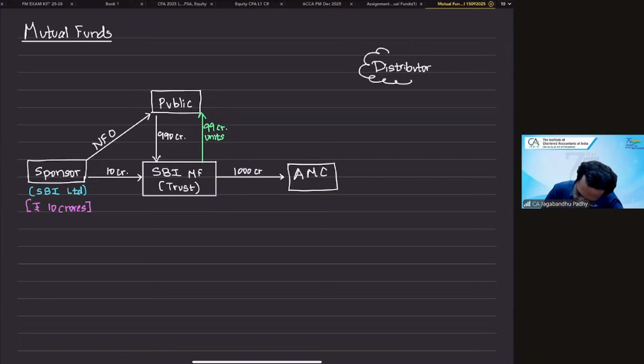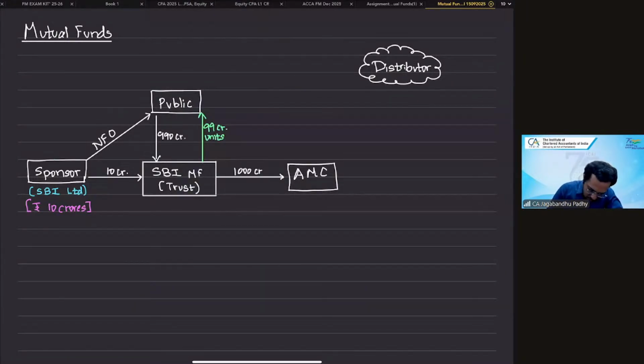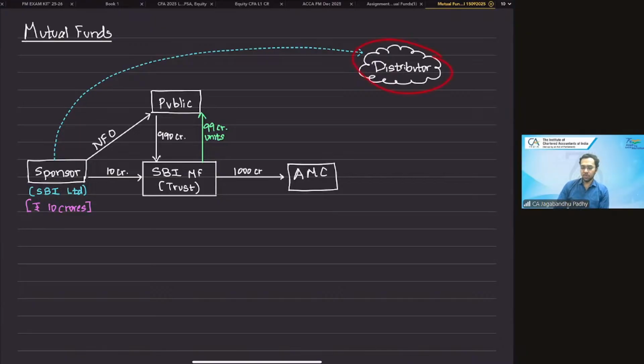Now, this distributor is actually going to work for the sponsor, because the distributor is the person who is going to distribute the units of the mutual fund to the public at large.